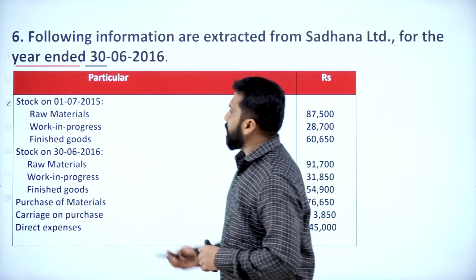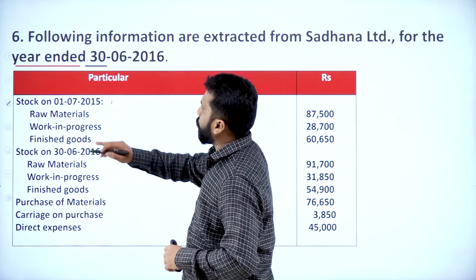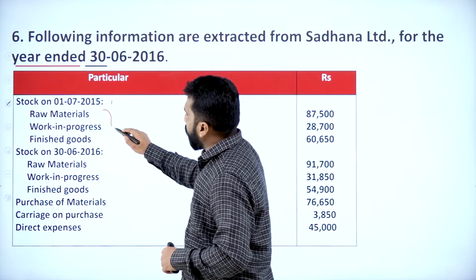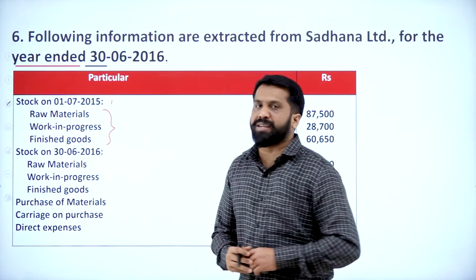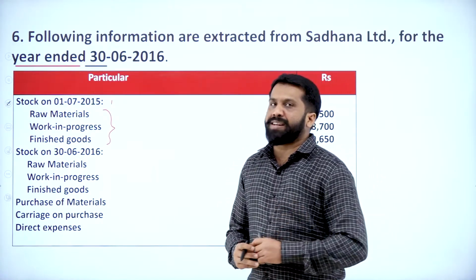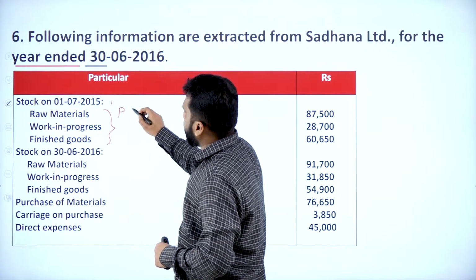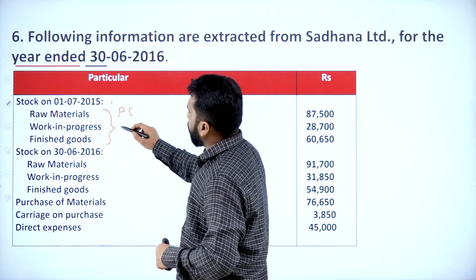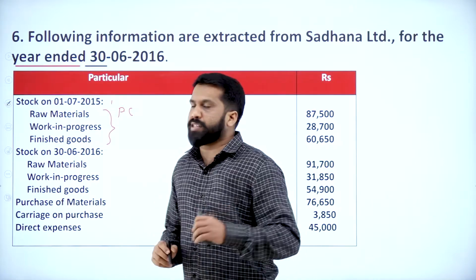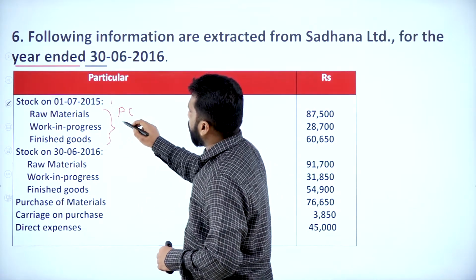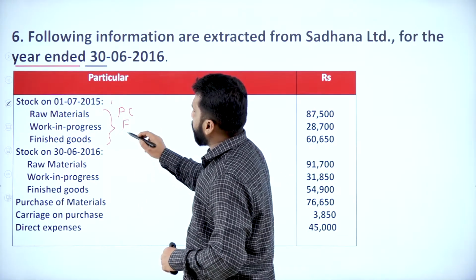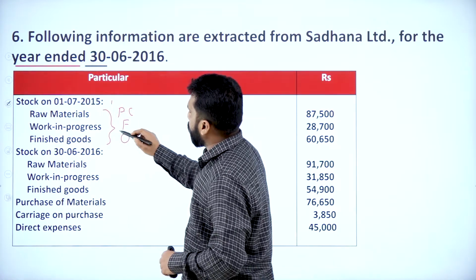Now, as per this, we have your opening stock. Raw material opening stock will be prime cost. Work in progress comes under your factory, and finished goods will come under your office.